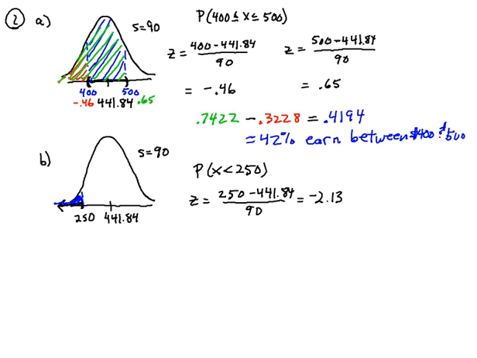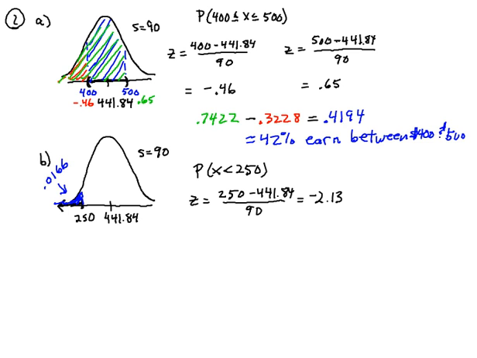Looking up in the table the negative 2.13, that's in the negative 2.1 row and over to the 0.03 column. I get 0.0166. Now, the area that the table gives me in this problem is exactly the area I wanted.